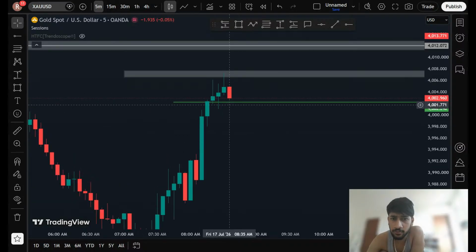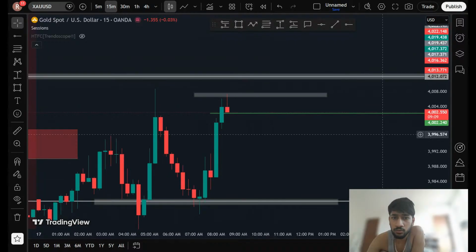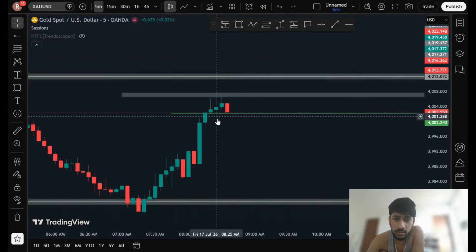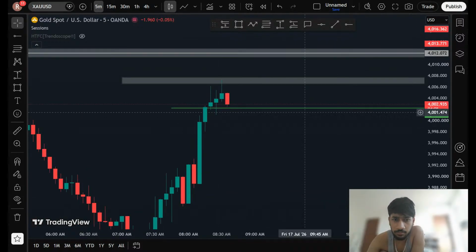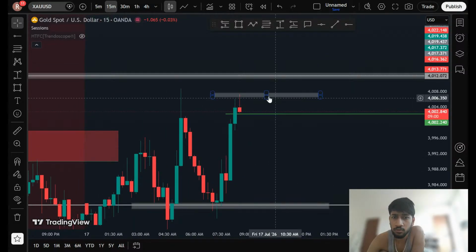If this candle closes bearish on 15 minute, then on 5 minute this rejection would not be a rejection, it will be simply a weak fill, which means price can further move down.